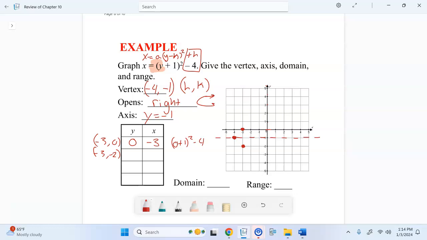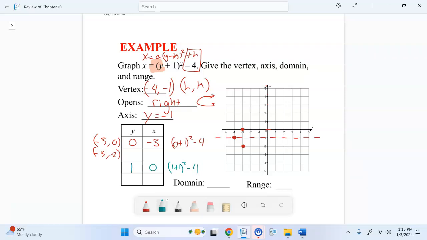Let's do it one more time. But now go up one more. So what's the next y value I can use? 1. So we'll plug it in. (1 plus 1) squared minus 4. 1 plus 1 squared minus 4, 0.